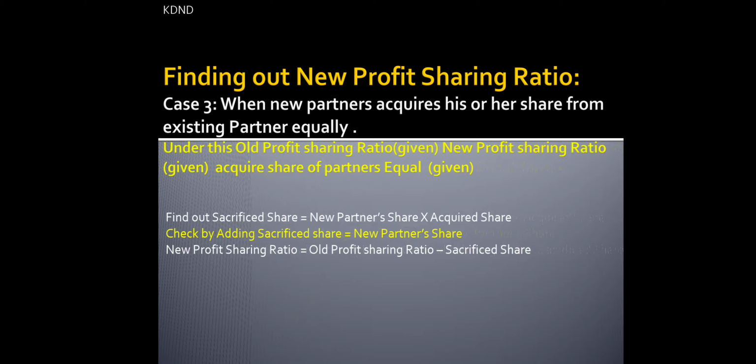Now, how to do this sum: first of all, you have to find out the sacrifice share by multiplying the new partner's share by the acquired share, and the total of the sacrifice share should always be equal to the new partner's share. Then new profit sharing ratio is equal to old profit sharing ratio minus sacrifice share.